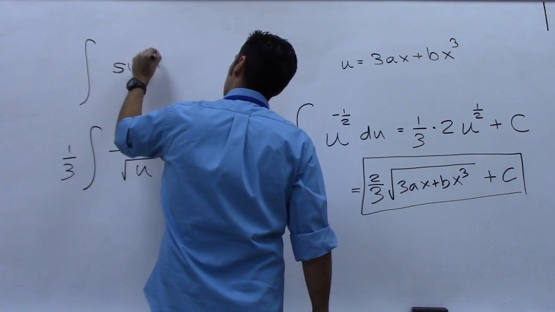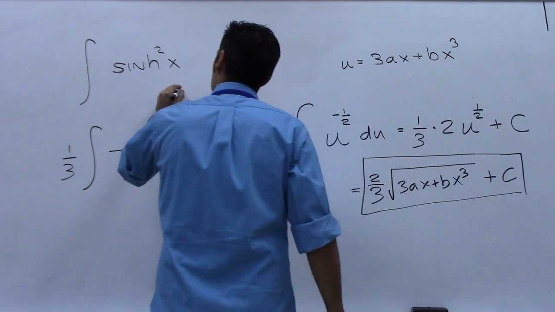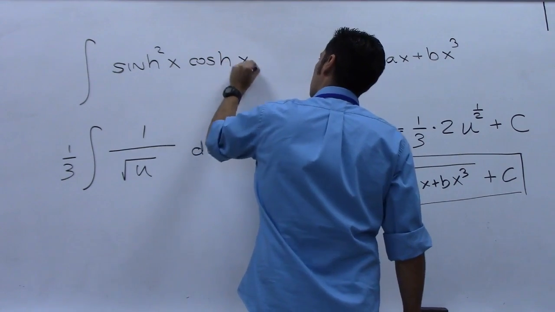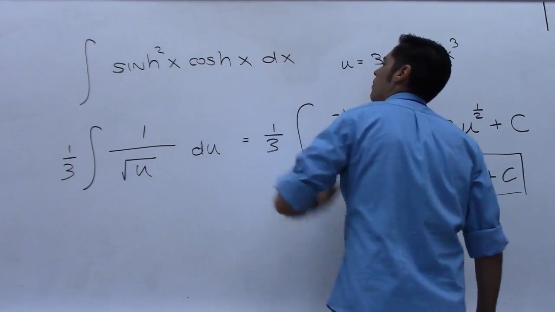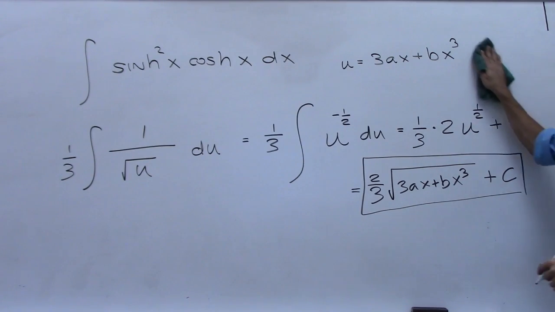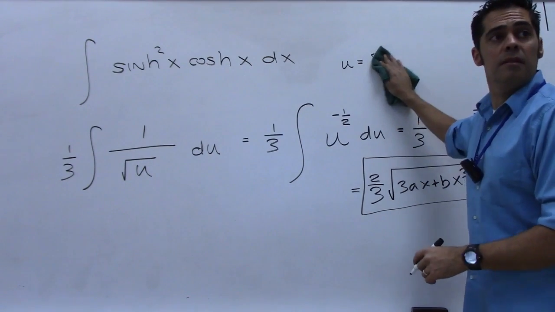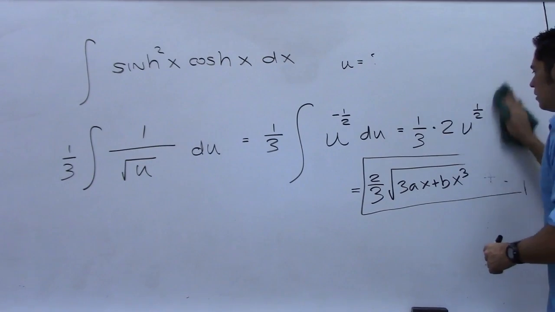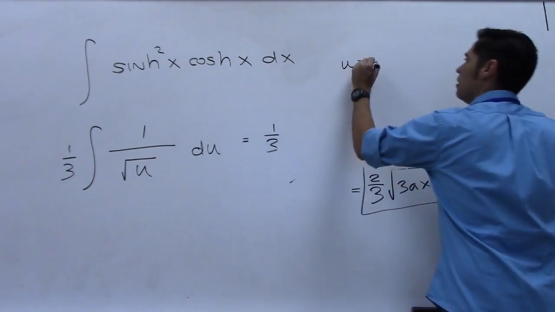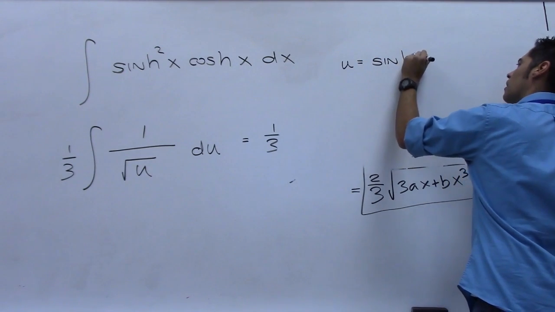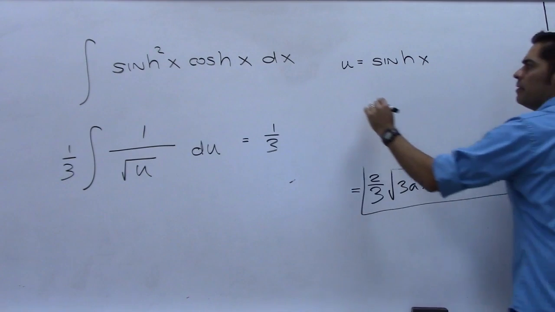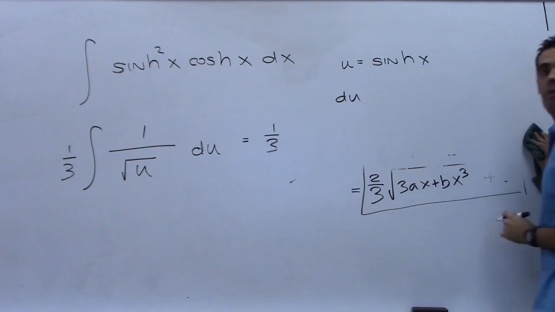Sine hyperbolic squared x. Any thoughts on it? Sine hyperbolic x, right? The derivative of that. What's that? You did the whole thing?